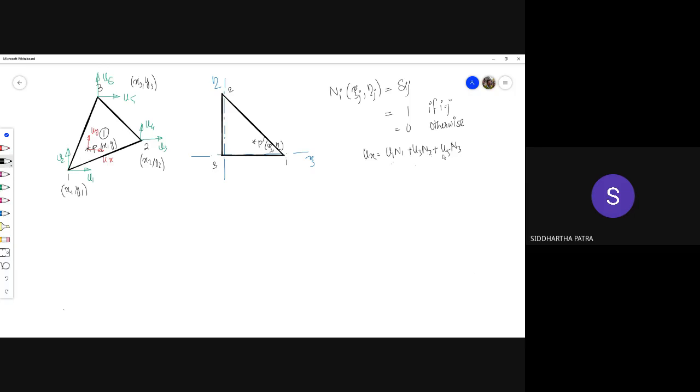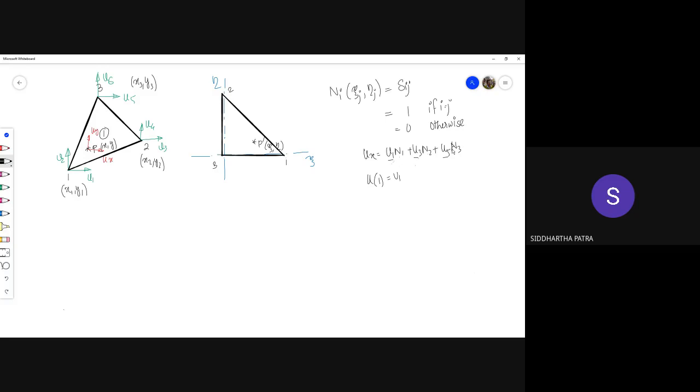You see this u1, u3 and u5 all are independent variables. In my mind, I can think of that both u3 and u5 are 0 and u1 is non-zero. Then also u at node 1 should be u1, which means n1 should be equal to 1. And the same thing applies to all other shape functions.